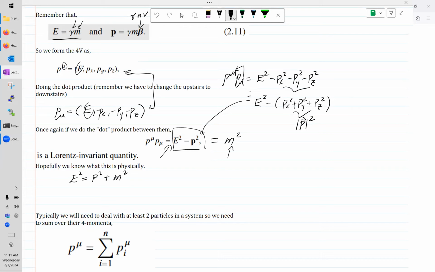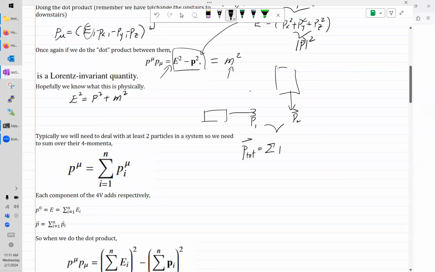If you want the total momentum of the system, it's just the sum of those momenta added together, so i equals 1 to 2 in this case. For four-momentum it's the same thing. When you have multiple particles, two, three, or n particles, you just add up their momenta.